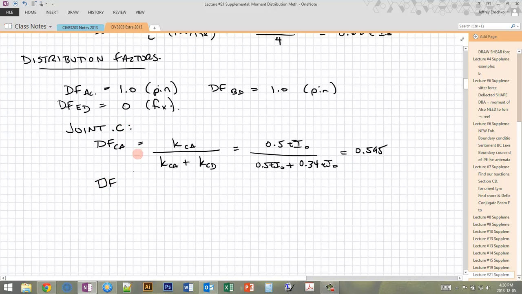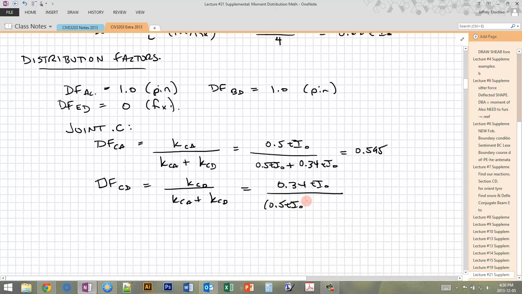This is joint C. So that's CD, KCD over KCA plus KCD. So 0.34 EI naught over 0.5 EI naught plus 0.34 EI naught. So that's the total stiffness of all the elements framing into that joint, and we get 0.405.